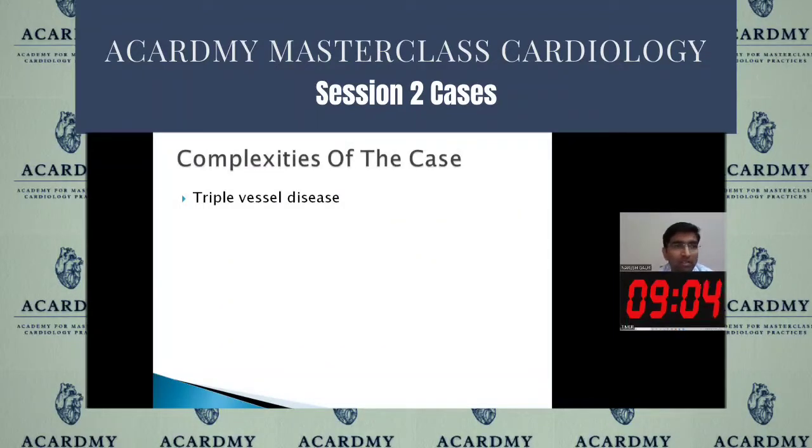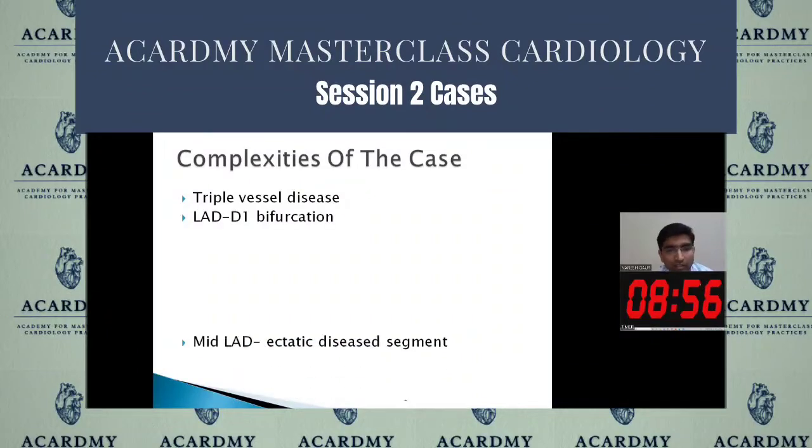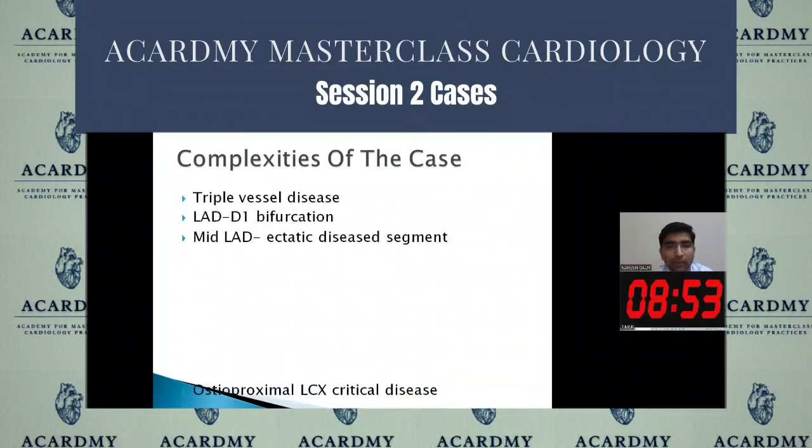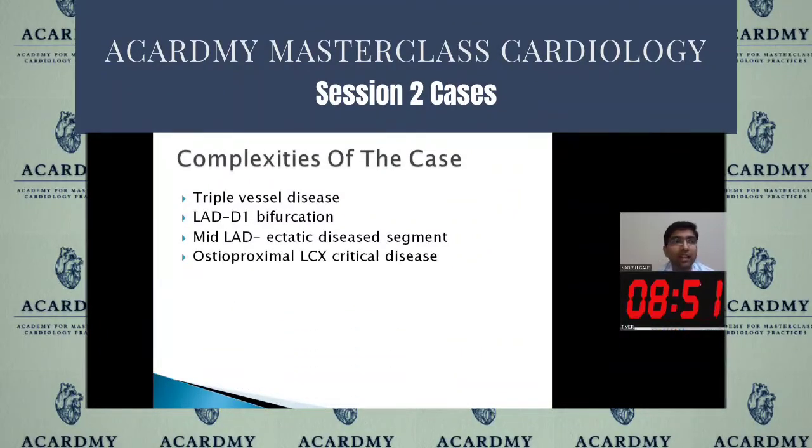Circumflex shows ostioproximal critical disease and distally it was a CTO, and the main culprit vessel shows bifurcation disease, also involving this ectatic diseased segment. So these were the complexities regarding the angiography of the patient, but the more complex situation we considered was that it was a case of acute ST elevation MI.